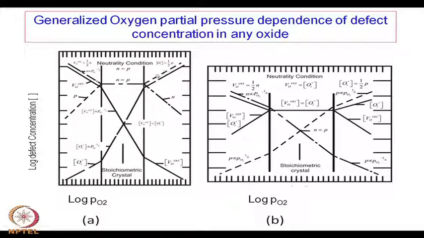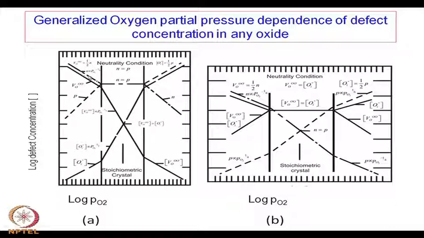It is oxygen-rich on this side, so oxygen interstitials are possible, and correspondingly you have positive holes. That is the neutrality condition here, whereas on the lower side you have oxygen vacancy, and therefore negative electrons, or n-type conductivity.